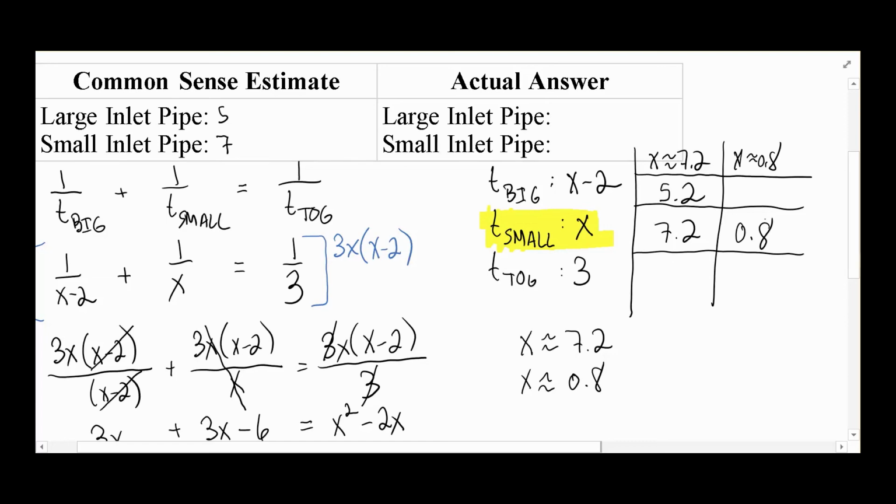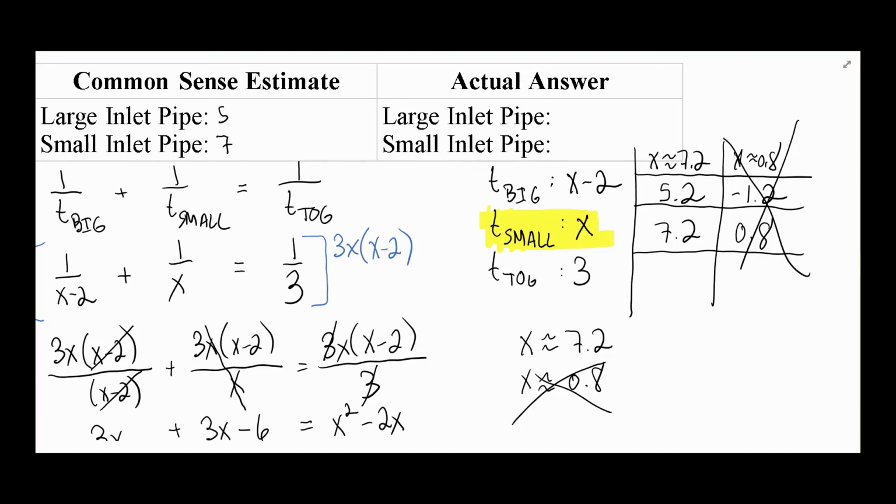If I let it be 0.8, 2 less than that, well, 0.8 minus 2 is negative 1.2. That's not good. I can't have a negative time. So my answer of 0.8 doesn't make sense in this case. I got to throw it out.